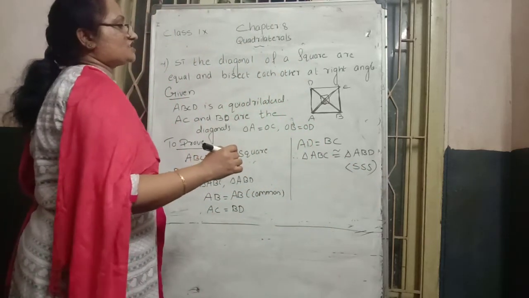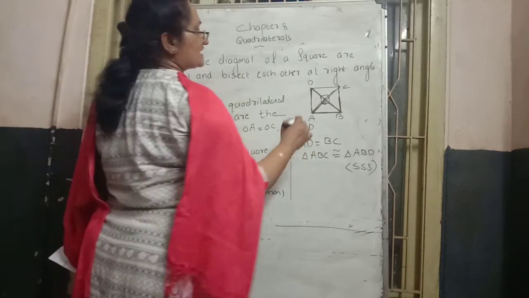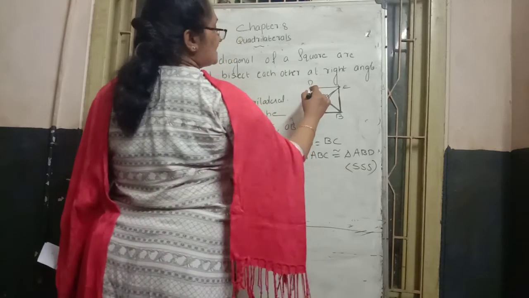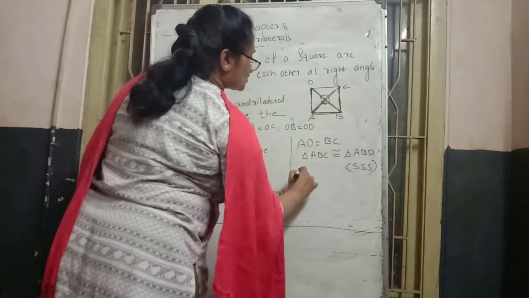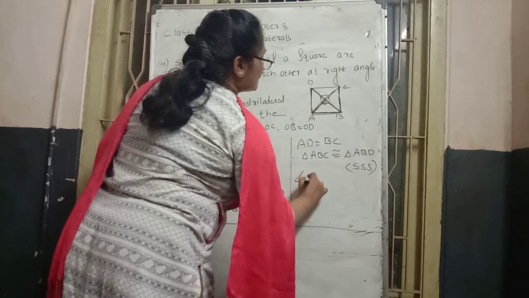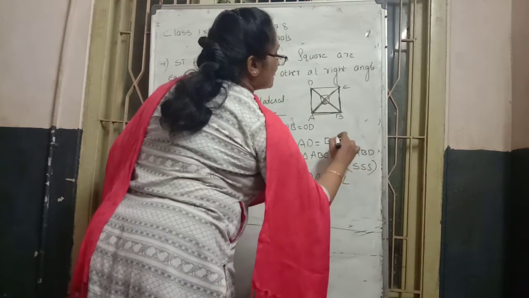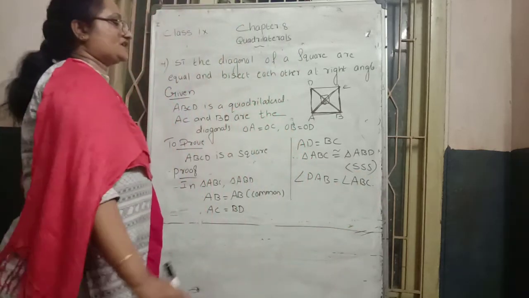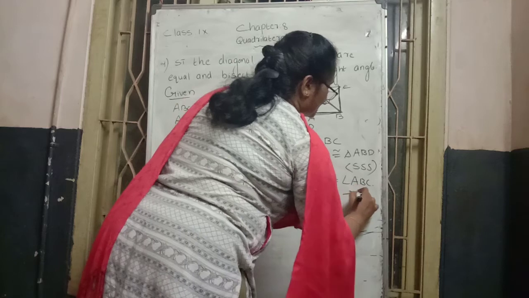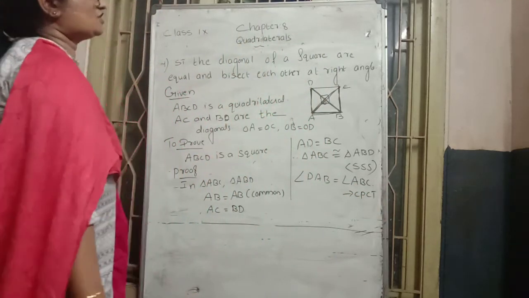By CPCT, the angles also become equal. Angle DAB is equal to angle CBA, by CPCT.